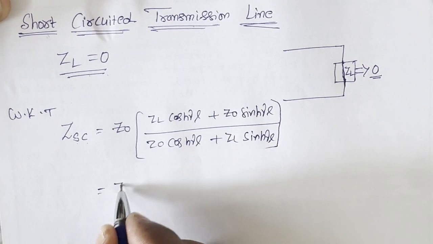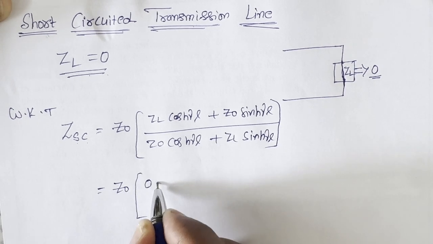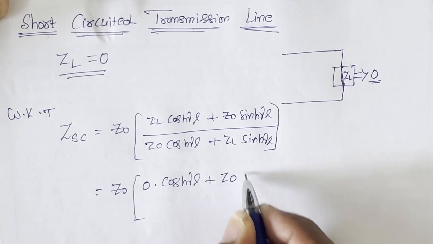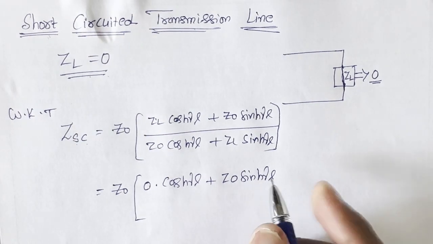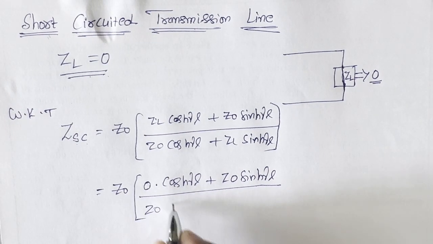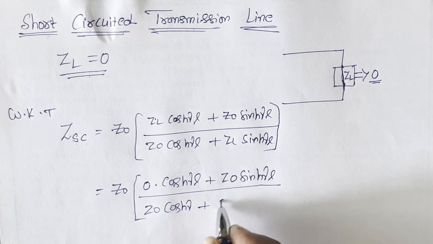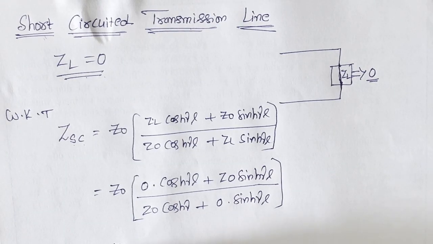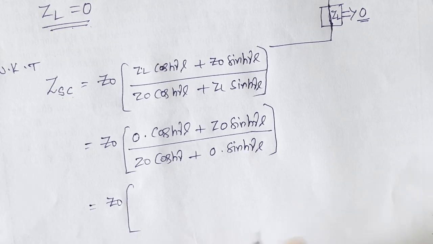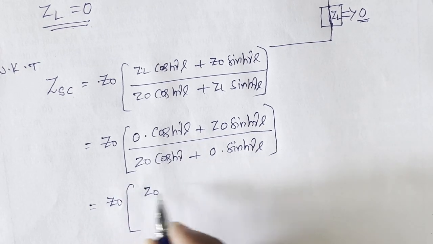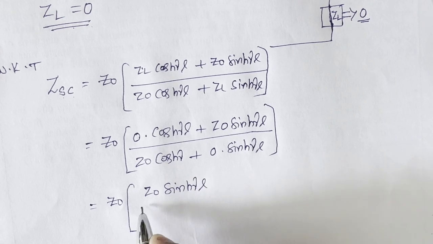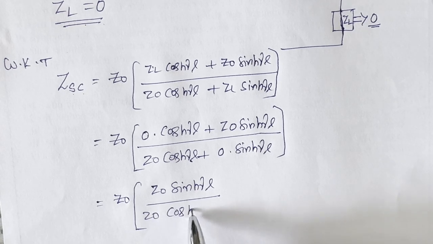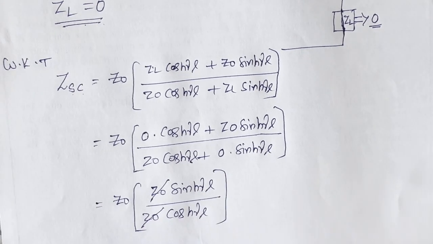Z0 into, ZL means 0, 0 cos H gamma L plus Z0 sin H gamma L by Z0 cos H gamma L plus 0 sin H gamma L. That is equal to Z0 into Z0 sin H gamma L by Z0 cos H gamma L. Z0 gets cancelled.